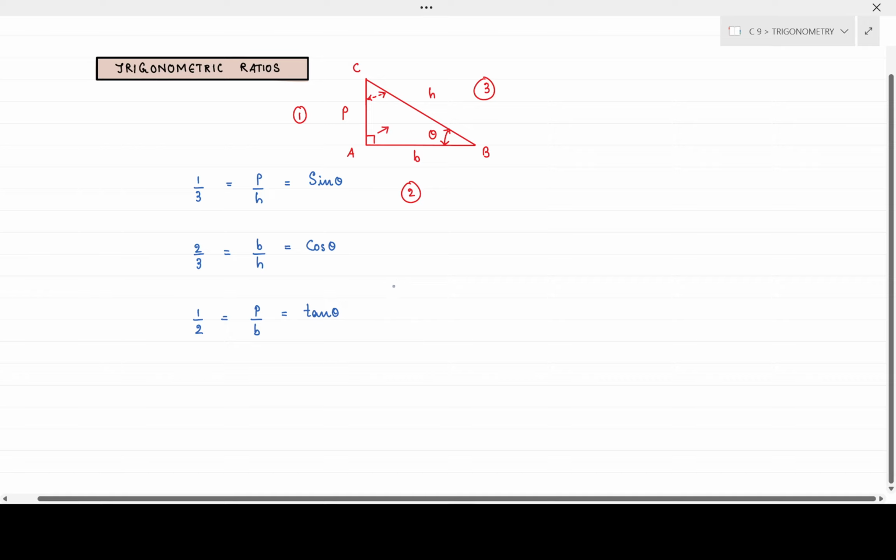Now their reciprocals. The reciprocal of sine theta is cosec theta. It will be equal to hypotenuse by perpendicular. The reciprocal of cos theta is sec theta. It will be hypotenuse by base.